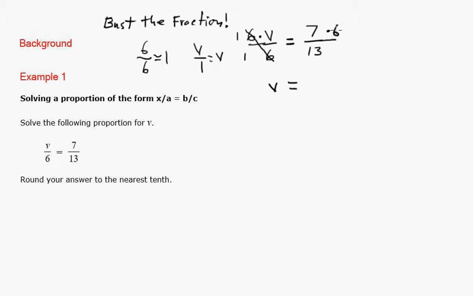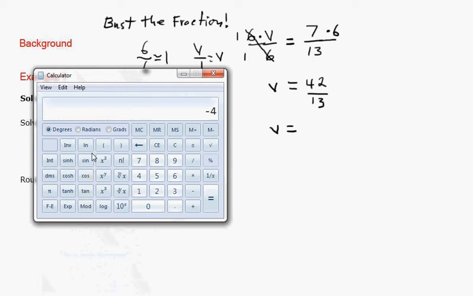Now, 17 times 6 is 102, and then you divide by 13. They say round to the nearest tenth, so let's put that into the calculator.